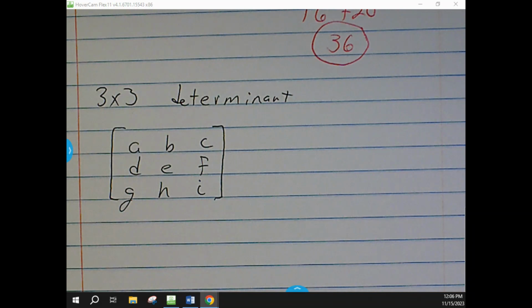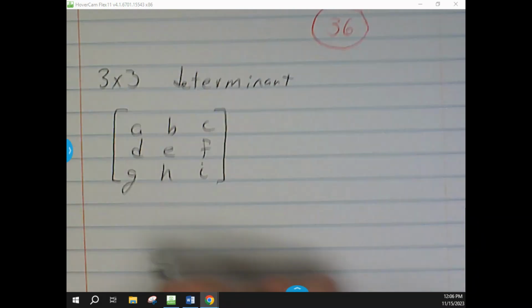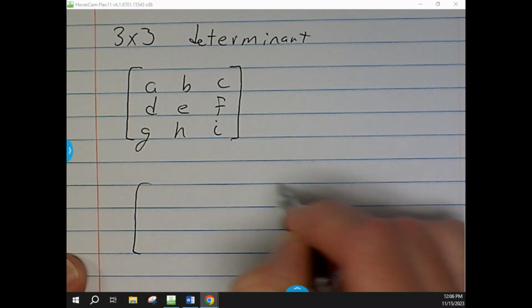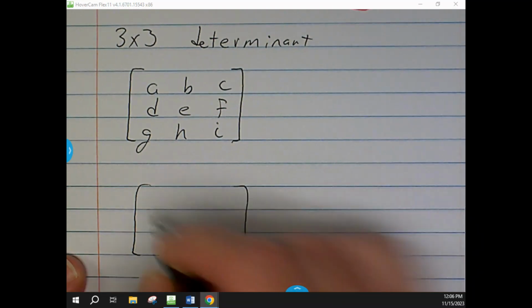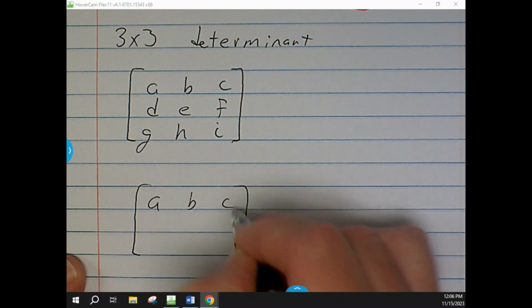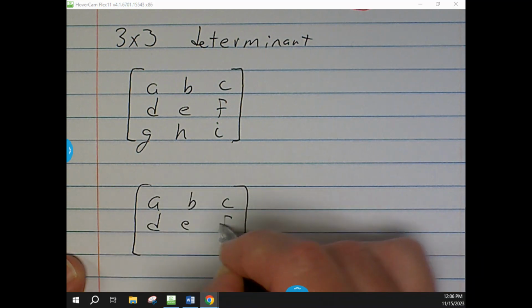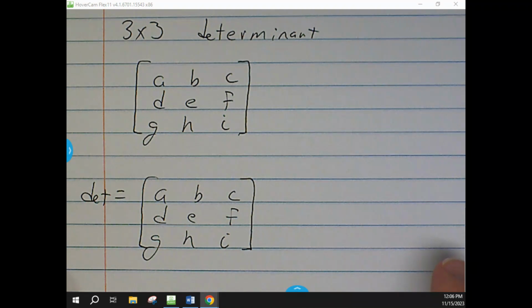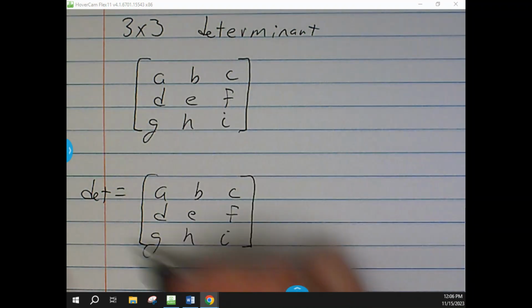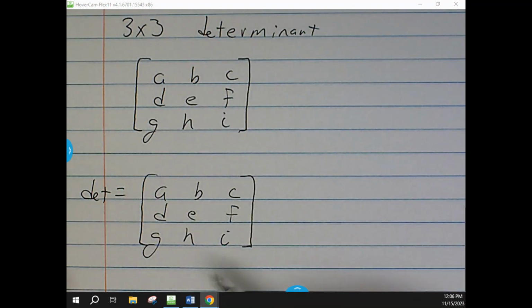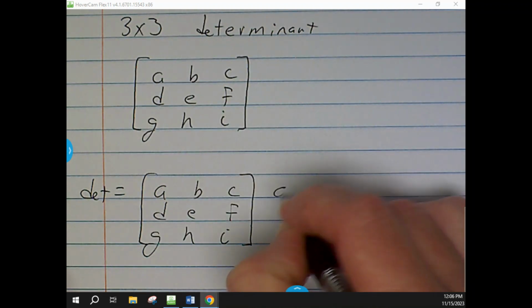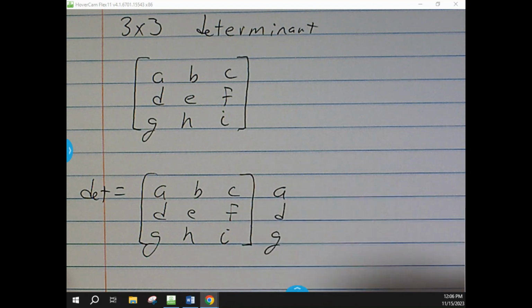So what we're going to do is, again, leave a little bit of room for this one above it because we're going to work above it again. So if we're going to do the determinant of that matrix, we're going to take that original matrix we've got, and basically we're going to take the first two columns we've got here and then rewrite them on the outside.